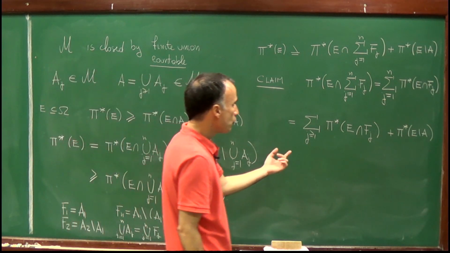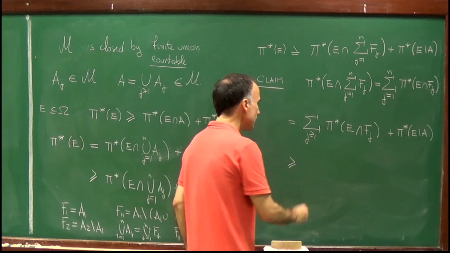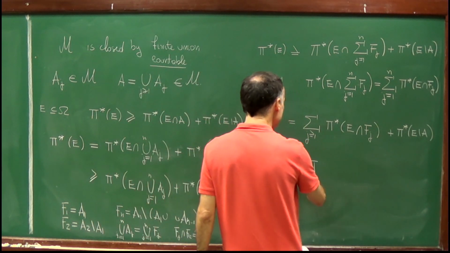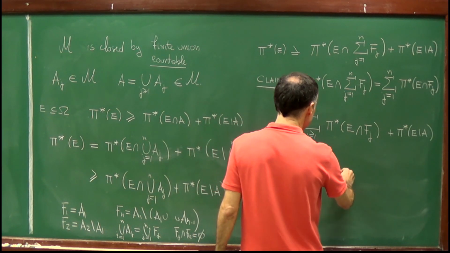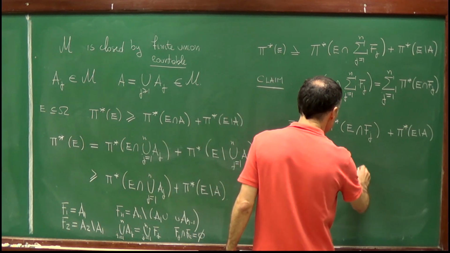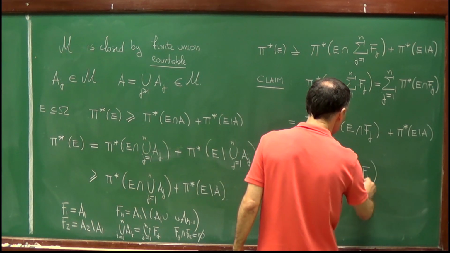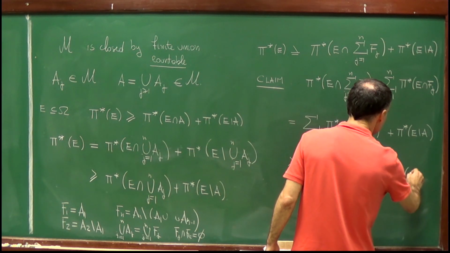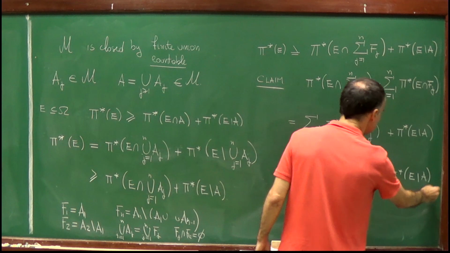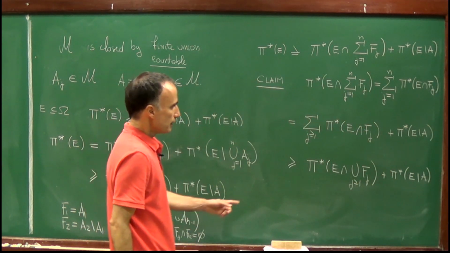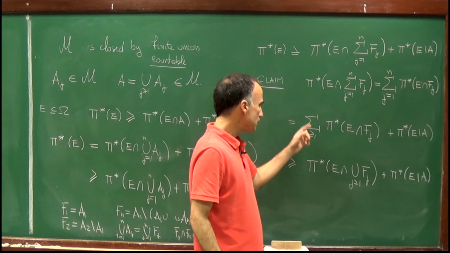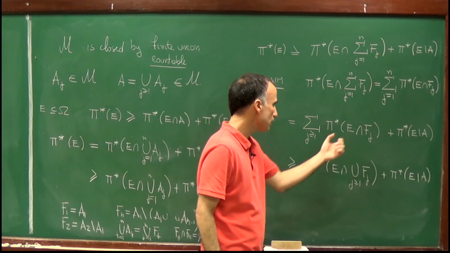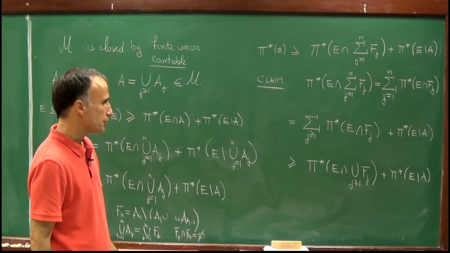And now we can use the subadditivity to claim that this is greater or equal than p star of E intersection the union of fj plus p star of E minus A. Here is just the subadditivity: we have p star of the union, it's less than the sum of p star of each individual set.